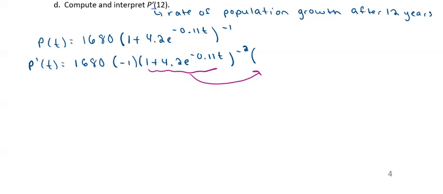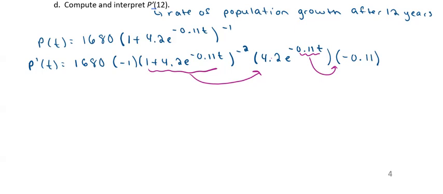The derivative of 4.2 e to the negative 0.11t, and since it is e to a function, we have to do our chain rule again, and that will give us our negative 0.11. There we go. All right, so there's our derivative.